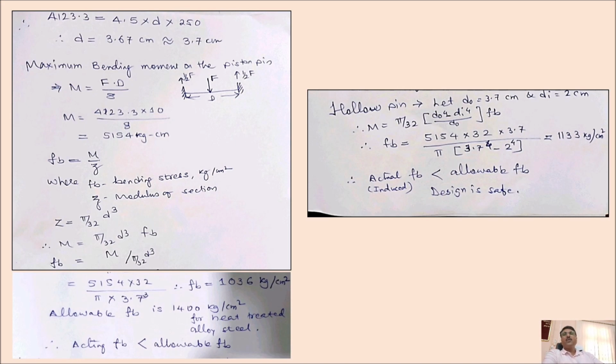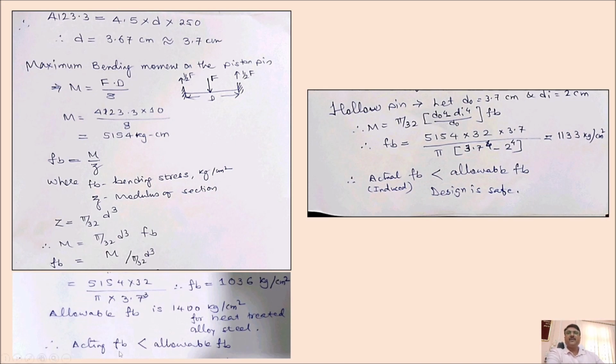Fb will be equal to M divided by pi by 32 into d cube. Just putting the values of M and d cube, the induced value of Fb will be 1036 kg per centimeter square, whereas the allowable Fb is 1400 kg per centimeter square.